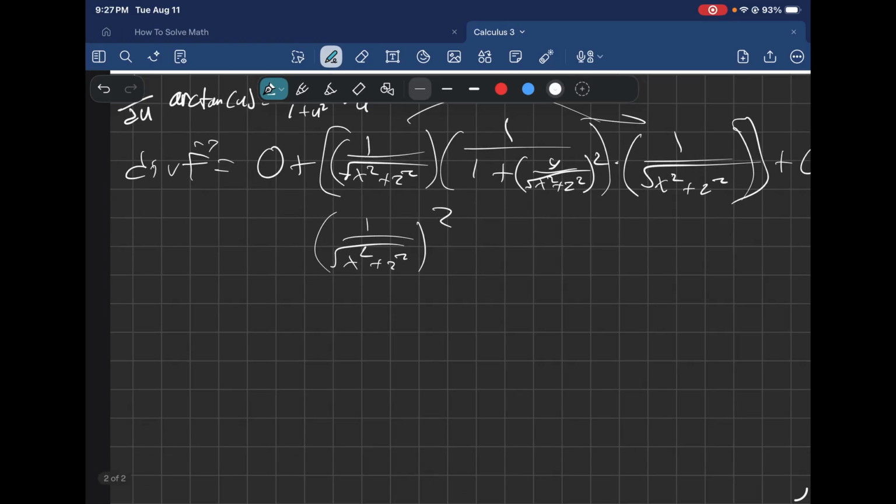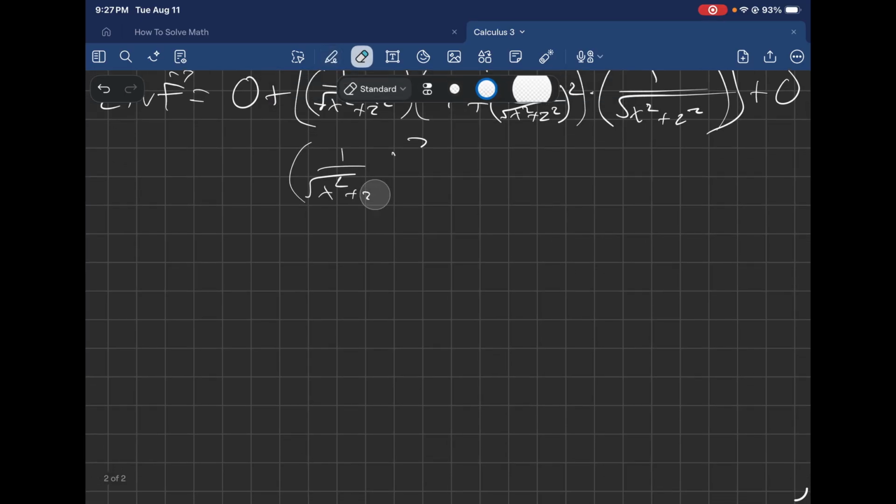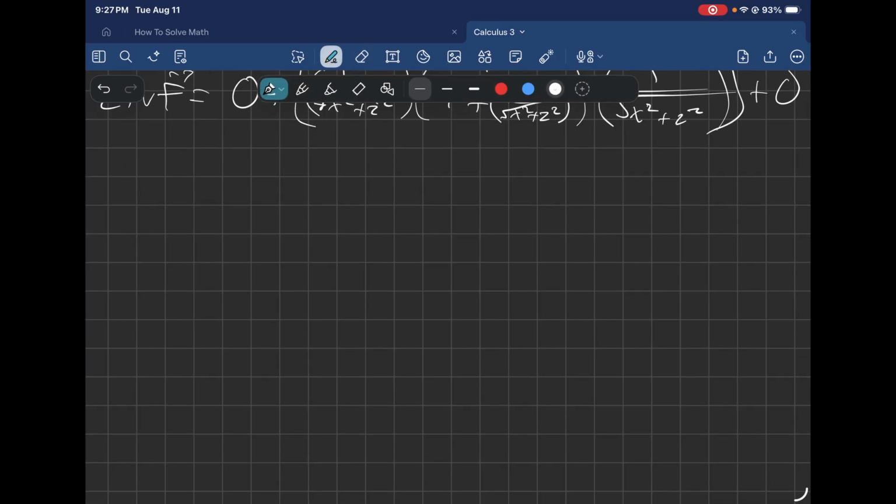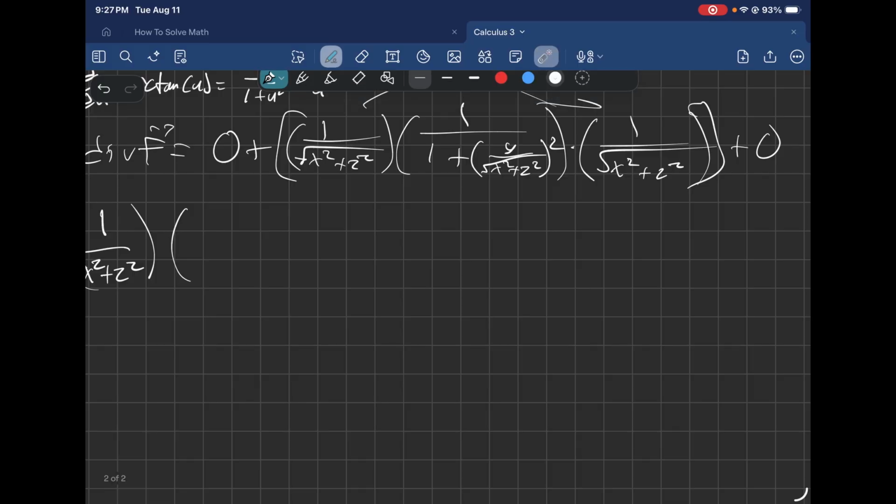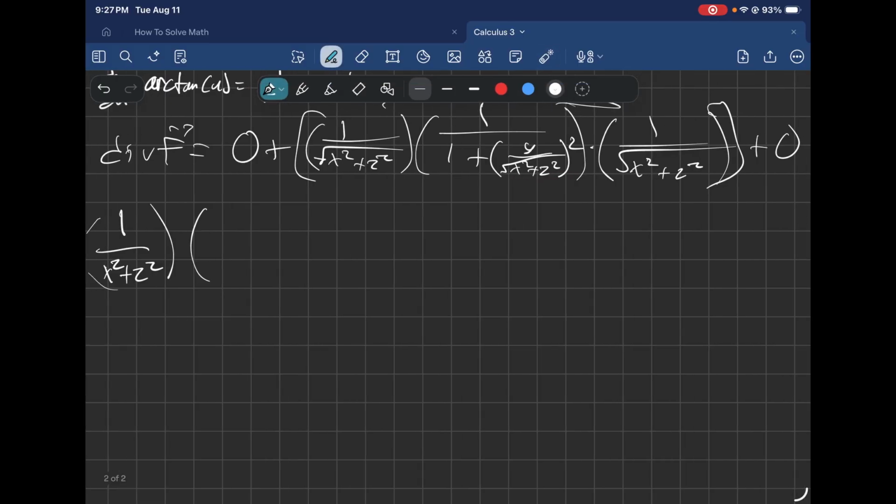So we can rewrite that as 1 over x squared plus c squared times, and this bottom part is also squared, so we can simplify this as 1 over 1 plus y squared over x squared plus c squared.